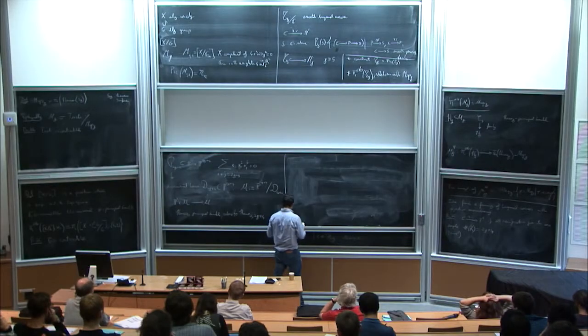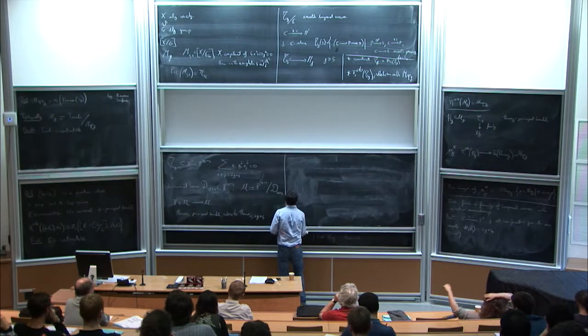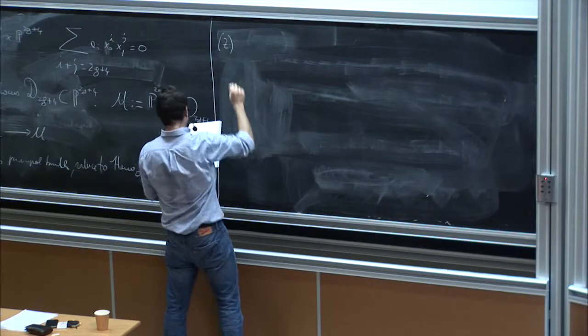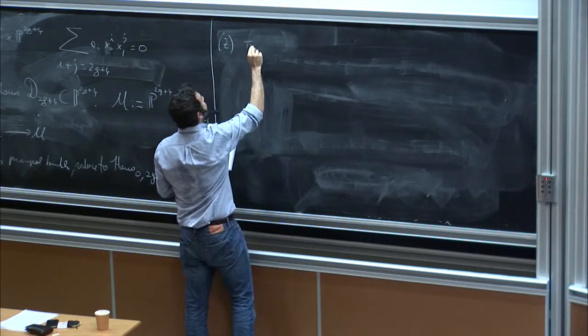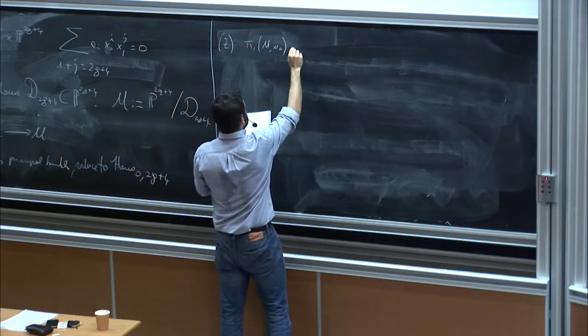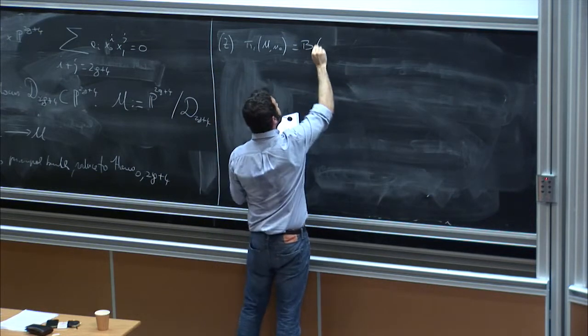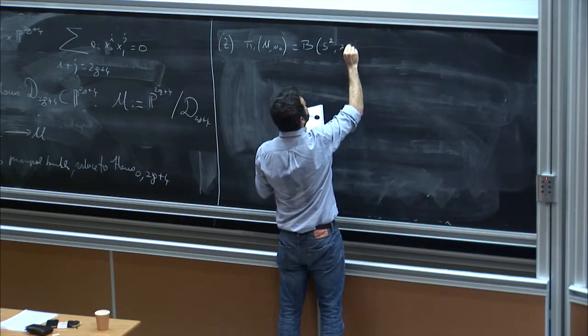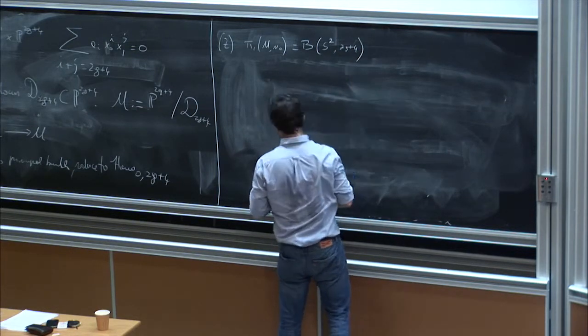So it is a theorem of Zariski that the pi_1 of U with a base point is equal to the braid group of the sphere on 2g plus 4 strands. Okay?